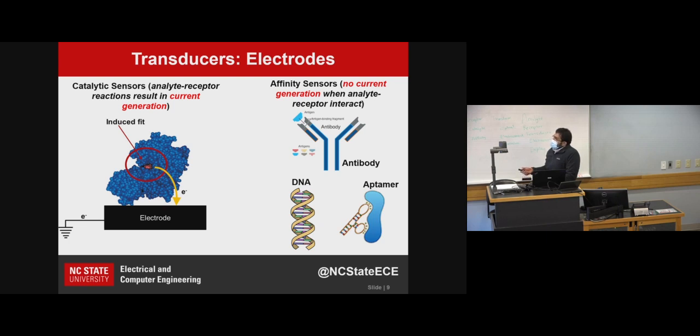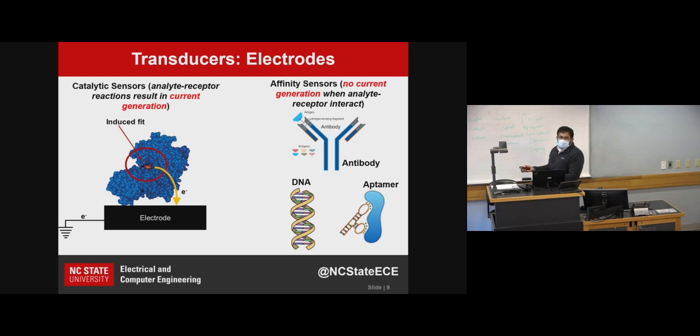But that's not the case with the affinity-based sensor. There is no current generation. Your antibody, this Y-shaped molecule, will interact with the antigen just by physical interaction. Same is the case with DNA and complementary DNA, which interact just because of physical interactions. Same is the case with the aptamer. So there is no current being generated in this case.